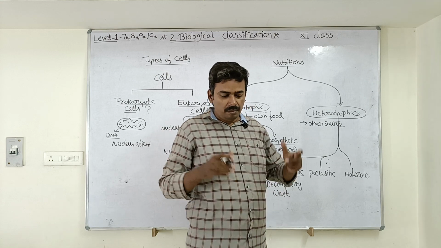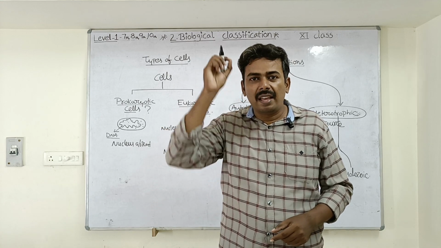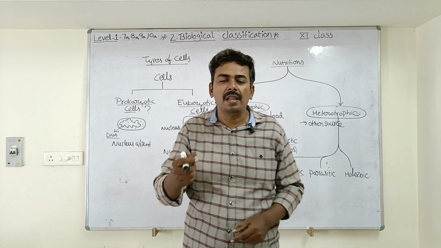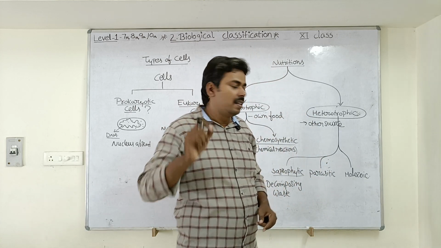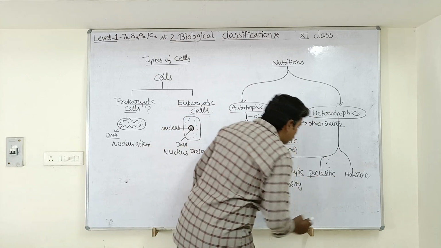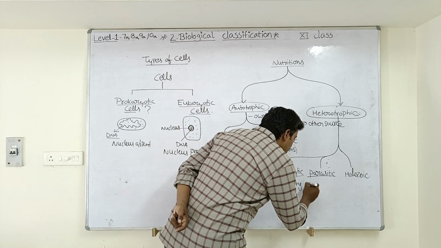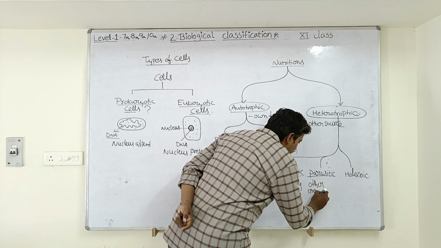Okay. So in women, in girls, there will be head lice. They will be sitting in the hair and taking blood from the skin. So such type of organisms are parasites. So in parasitic nutrition, the source of food is from other organisms.